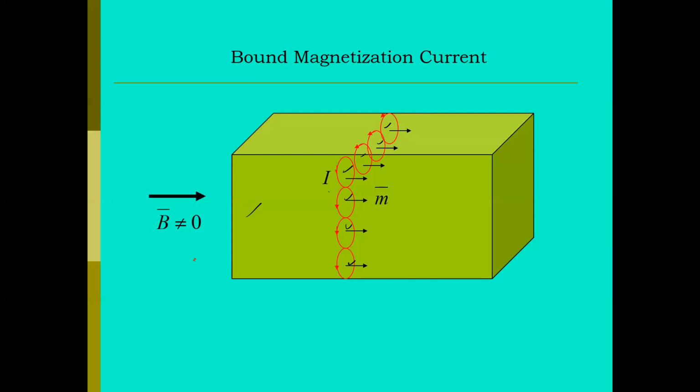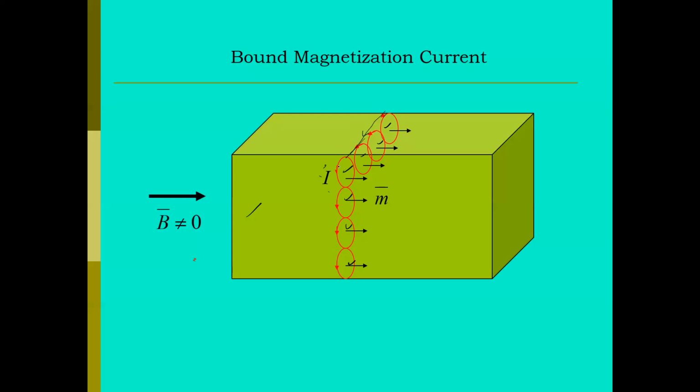But in reality we have millions or billions of dipole moments aligned in this structure. So from this diagram, this dipole moment will produce a continuous current on this top surface.